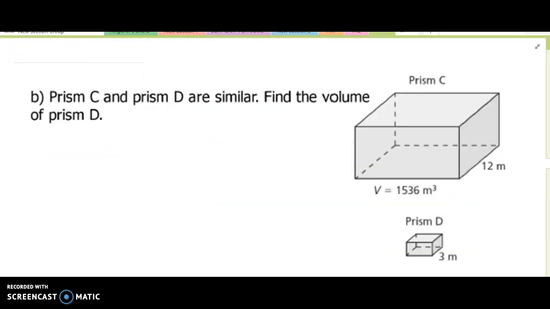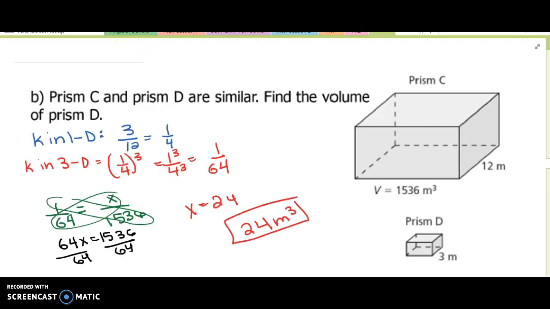All right, I want you to try this one on your own, and then we'll go over it. All right, so if you go through here, you're going to find the scale factor in one dimension, which is just 1 over 4. Okay, I got that by this is 3, this is 12, 3 over 12 reduces to 1 over 4. Okay, now I want to know what it is in 3D.